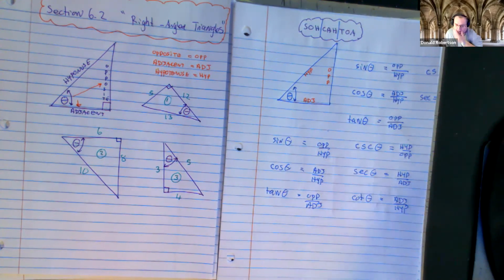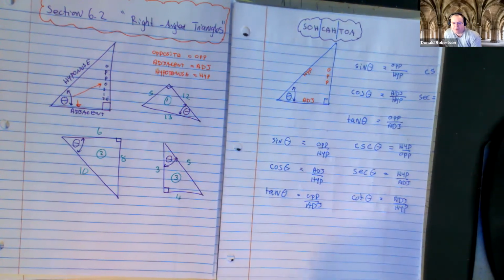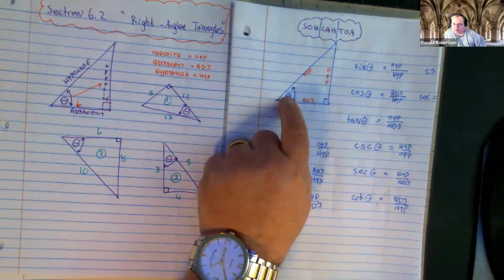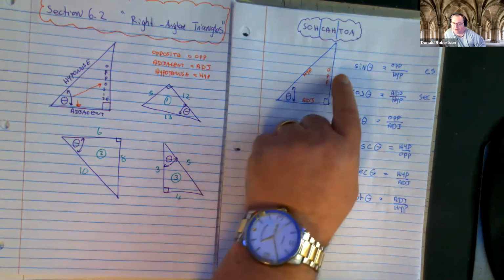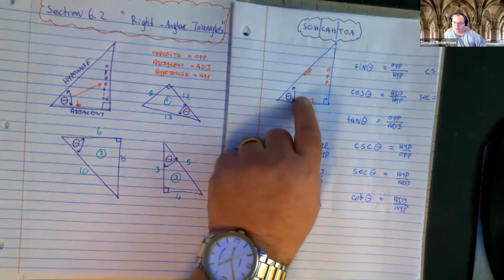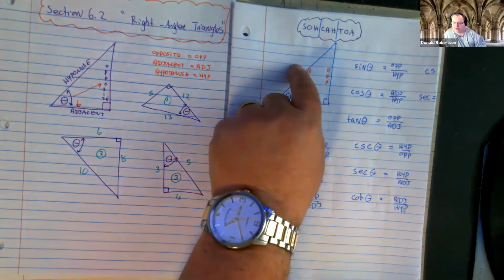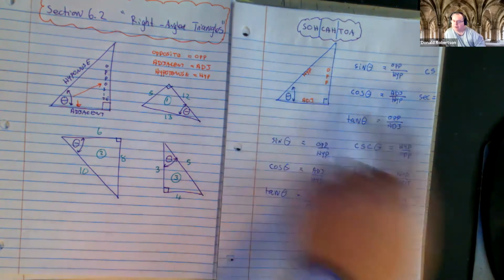So there is a very, very close relationship between the lengths of the sides of a right angled triangle and the trig ratios, sine, cosine, and so on. For instance, the sine is this side divided by that. The cosine would be the adjacent divided by that. And the tangent would be that one divided by that one.